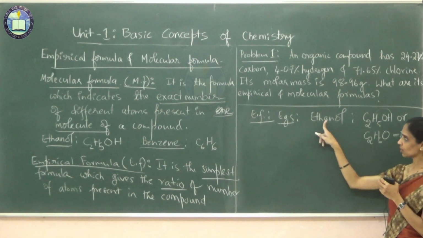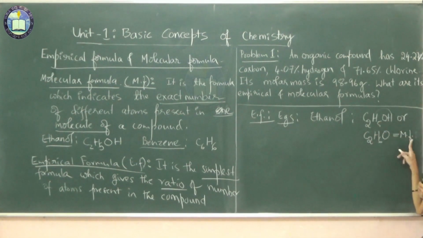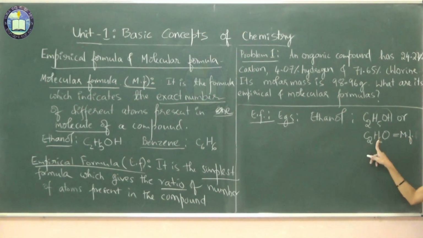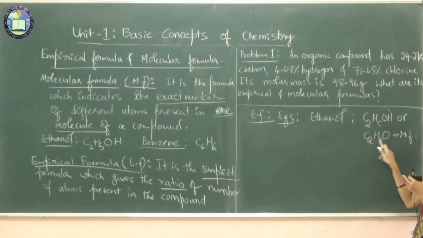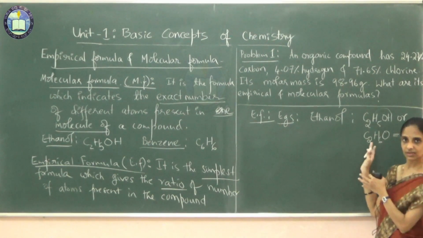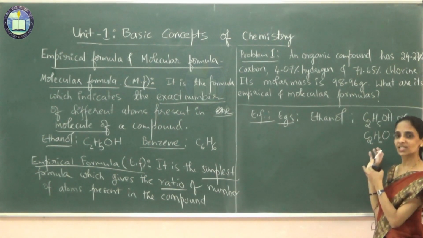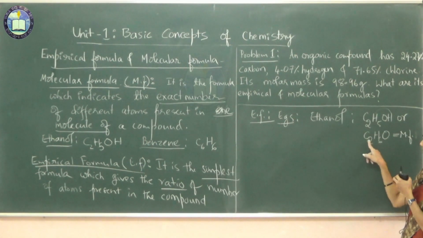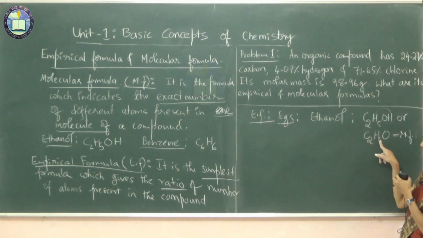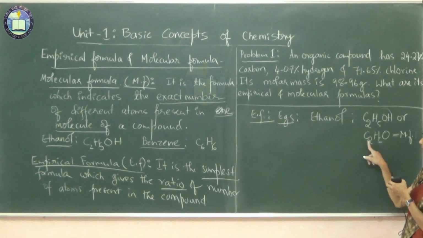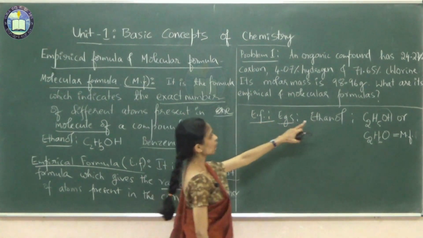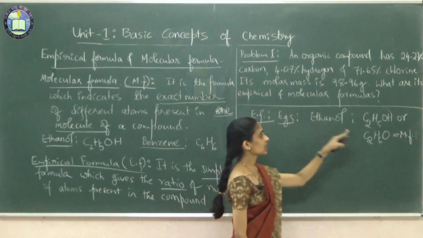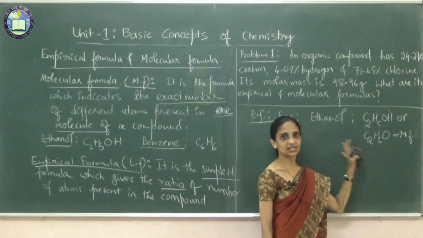For ethanol, empirical formula and molecular formula are one and the same. Molecular formula itself is the simplified version. Is it not? It cannot be simplified further. Look at the number of atoms. It is 2, 6 and 1. So this ratio cannot be simplified further. So for ethanol, empirical formula is nothing but the molecular formula itself.